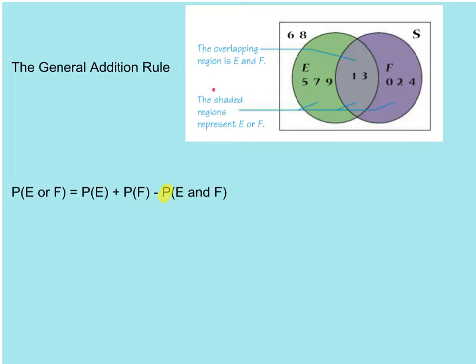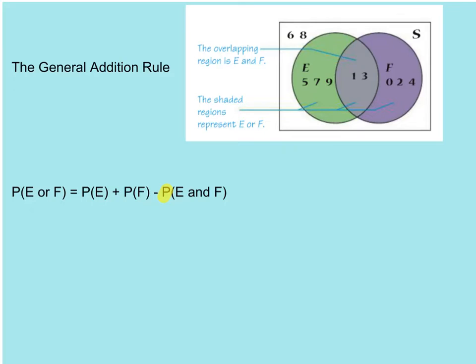The shaded regions, all of them together, green and purple, represent E or F. The overlapping section represents E and F. It's the digits 1 and 3 that are in both E and F.